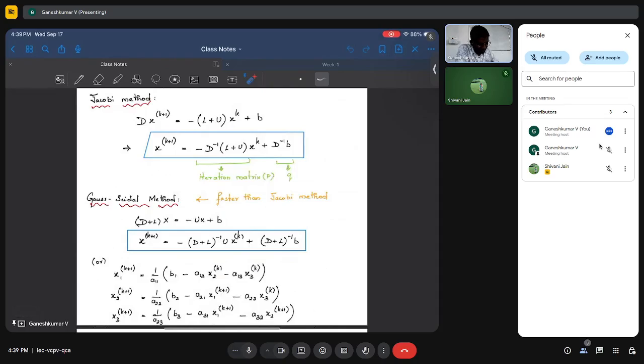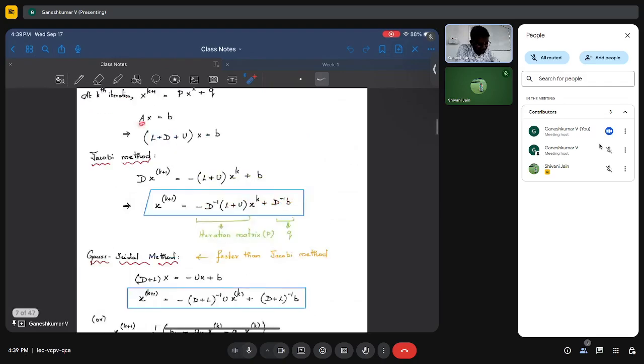In the Jacobi method, you write the A matrix as L, D and U, where this is not the LU matrix that you see in LU decomposition. You just separate the coefficients, that's all: L plus D plus U. It is not LU.